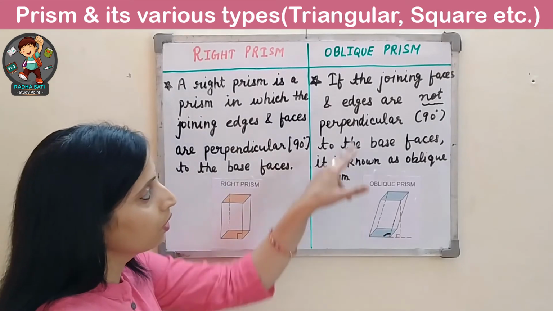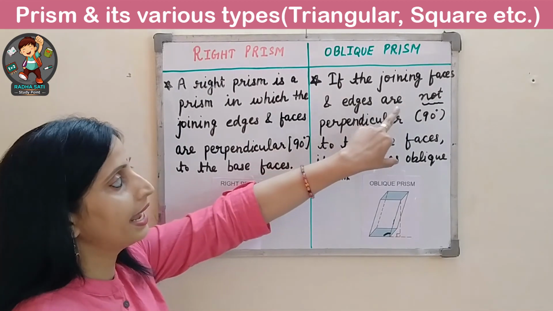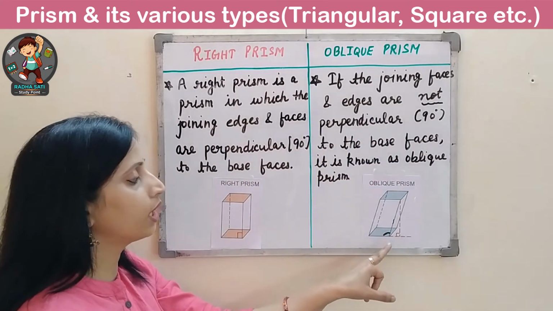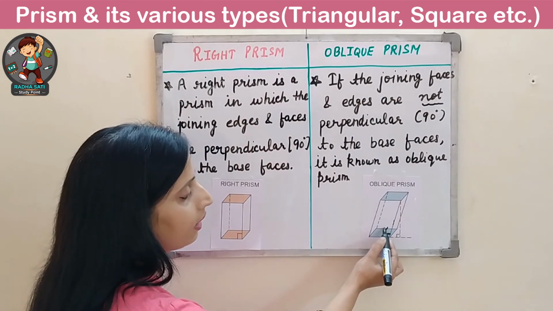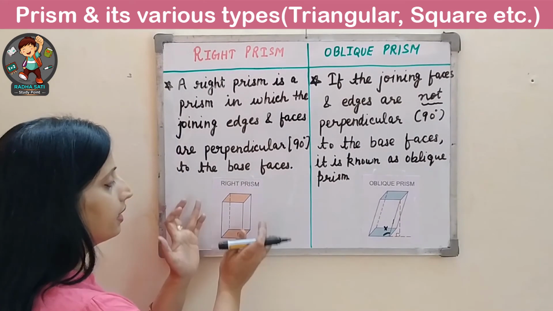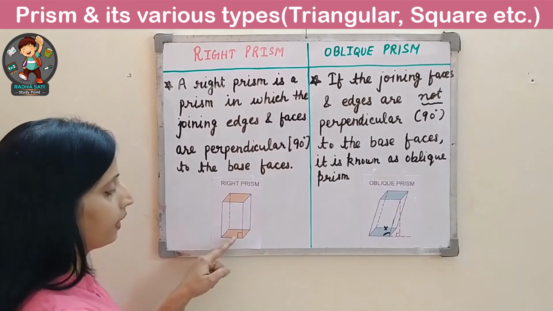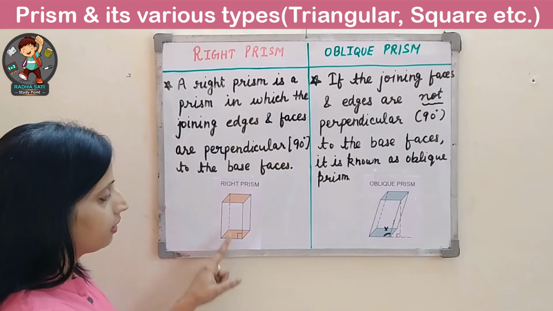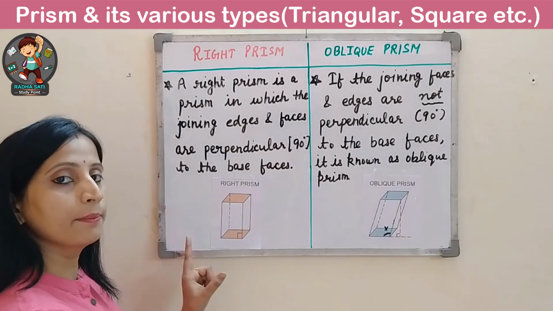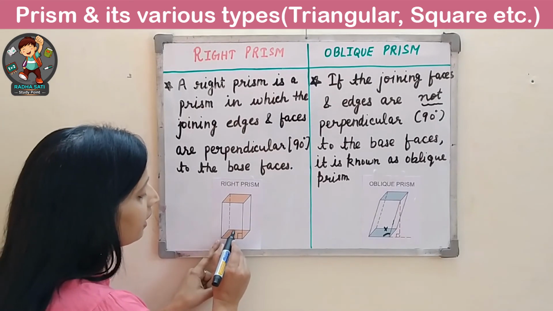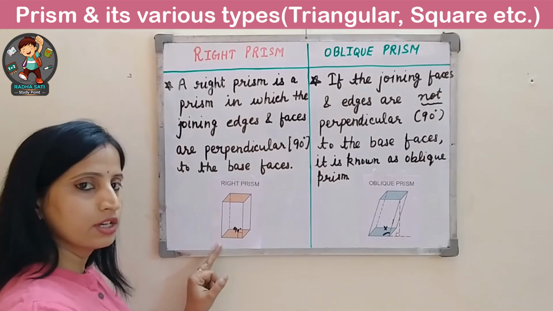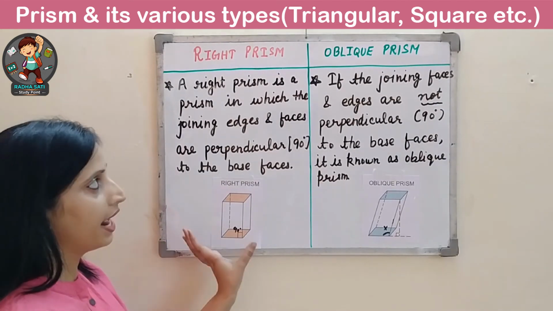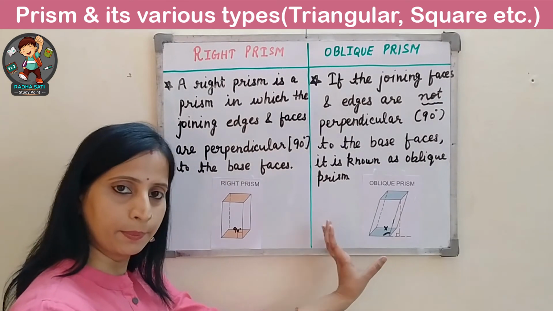Okay. So when our faces and edges are not perpendicular to the base faces, here it's not a 90 degree angle. But in the case of a right prism, as you can see clearly, our edges are making an angle of 90 degrees with the base faces. Okay. So this is the difference between right prism and oblique prism.